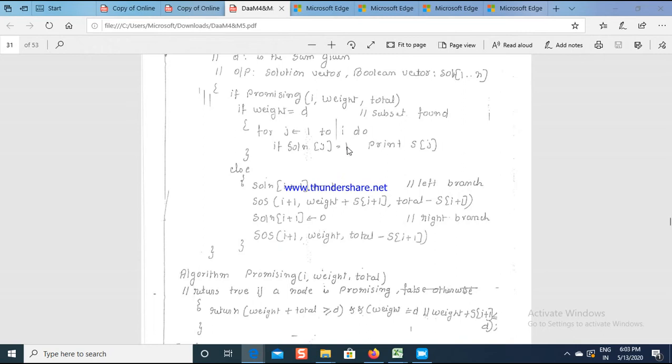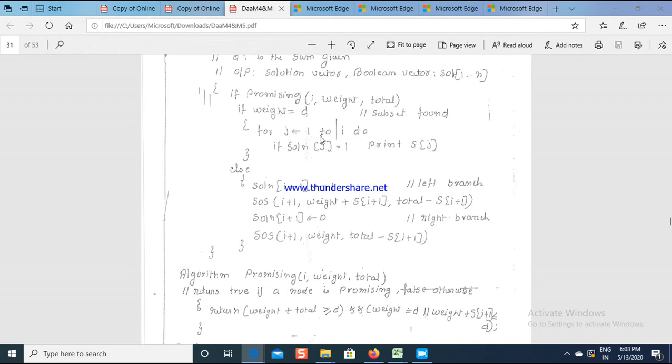If it is 1, then only I am printing in the final solution vector. If it is without, then I will make the solution vector for that particular element 0, meaning that element is not selected. So if it is 1, then only I am printing. If it is equal to 0, I am not printing in the final solution vector.